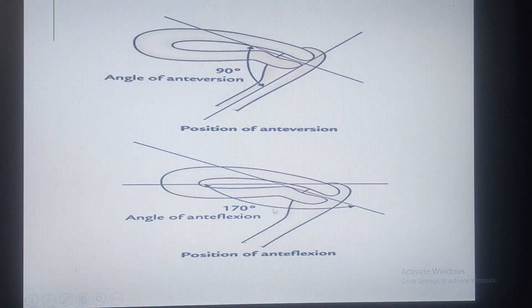So whenever we talk about anteflexion, it has to do with the cervical portion and the body of the uterus, so they are long axes. All right, so that is what we find.